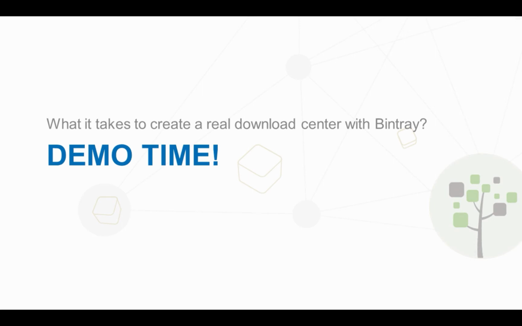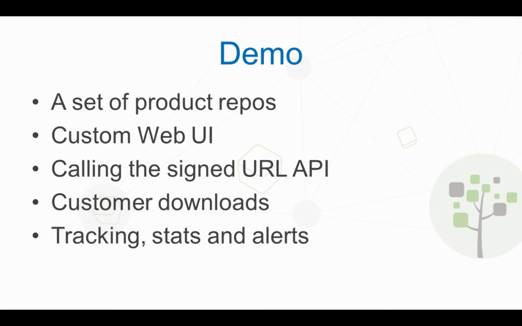And from that, we're going to go directly to the demo, and just to give you a little bit of idea what we're going to see. So I'm going to show you a set of products in the Bintray UI under the JFrog user. And for those products, I'm going to show you how to upload to Bintray through the REST API, including integration with Artifactory for doing the upload. And then we're going to fire up a very small web UI that we created for our imaginary download center.